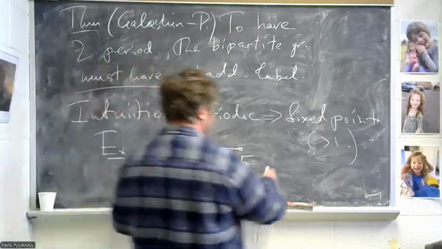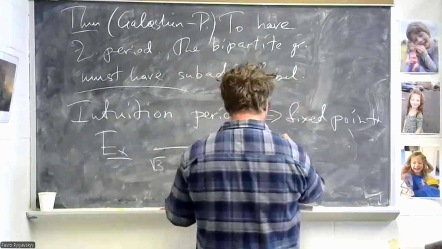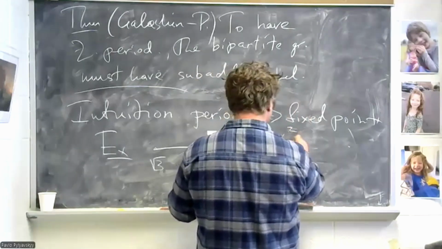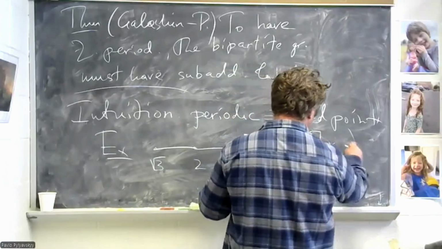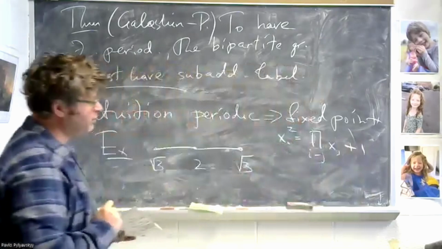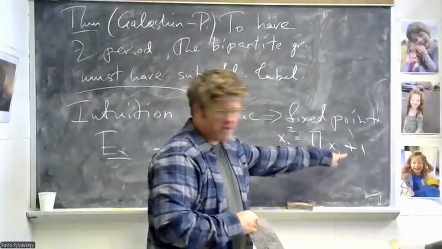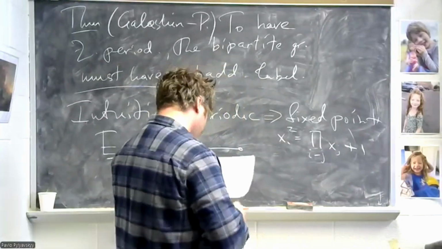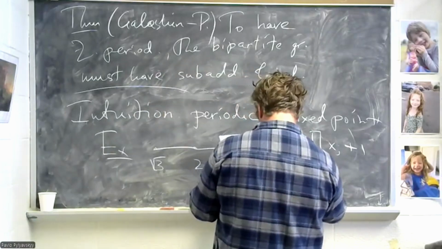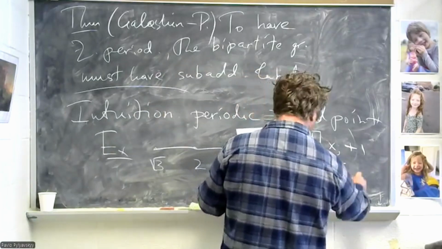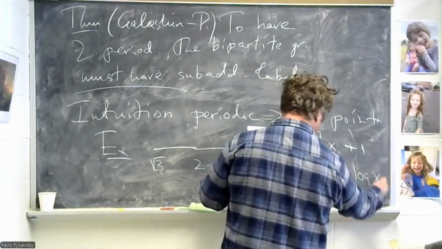So the intuition is, if you are periodic, you will have some fixed point like this. And then you just take logarithm. If you take logarithm of the fixed point, where x_i squared is equal to the product of all the neighbors x_j plus 1, that's what it means that it's a fixed point. For each i, x_i times itself is equal to the product of the neighbors plus 1. If you take the logarithm of that, you would see that twice the logarithm of x_i is bigger than the sum of the logarithms of all those x_j.